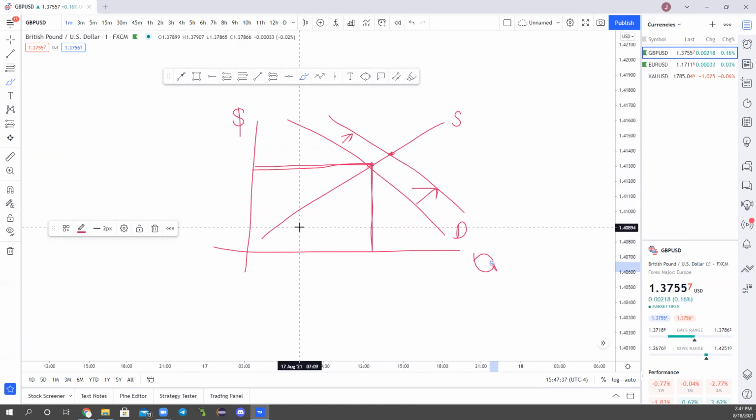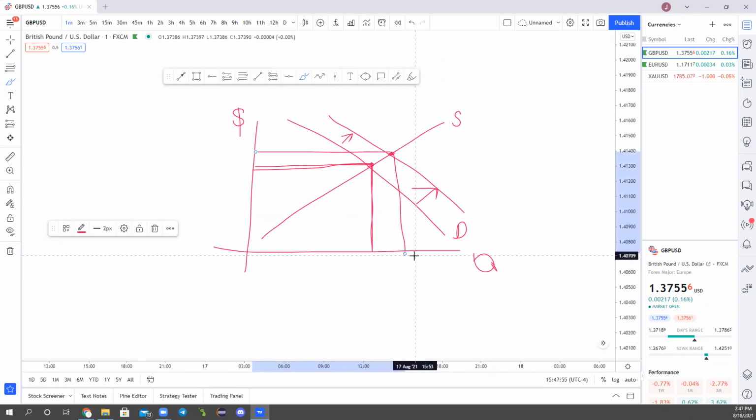Whenever there's more supply, that looks like a shift down. But I'll go over what happens when there's less demand. So increased demand leads to an increase in quantity and an increase in price, right?